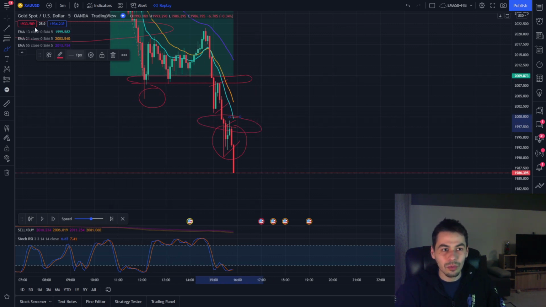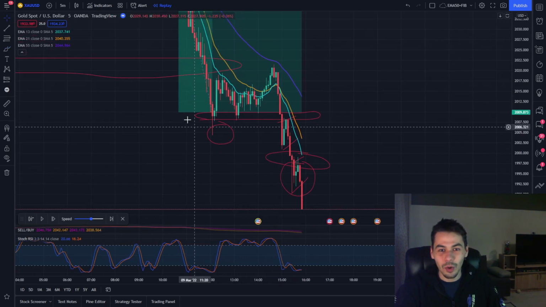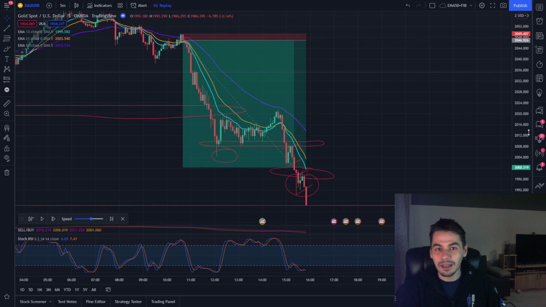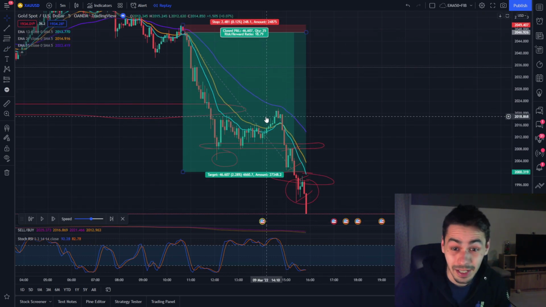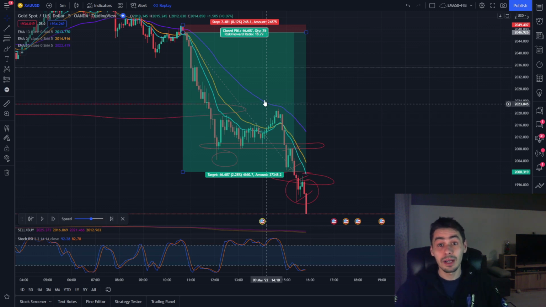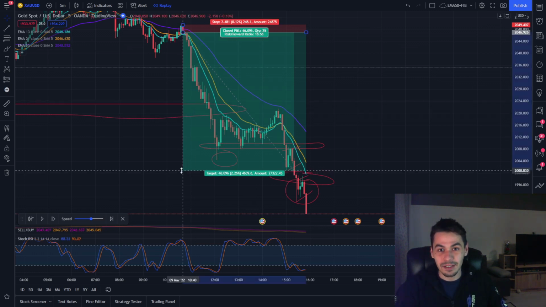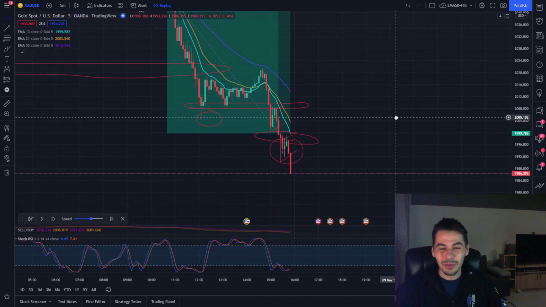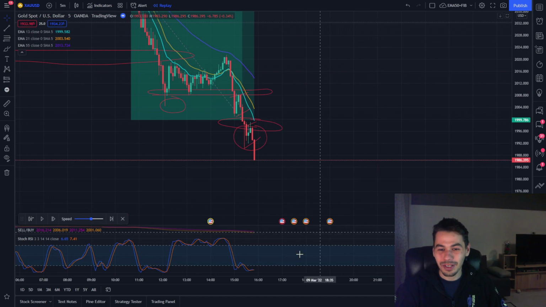This level held, so we will drag our position all the way down to this level, which makes it a whopping... I know this is an ideal scenario, guys, but I wanted you to see what can happen if you have patience and don't flinch and close your positions at 2 to 1, 4 to 1, 5 to 1 just because the green candle shows up, and just be composed and look at what the market has to offer you. So we are now, I know this is ludicrous, but we are now at 19 to 1 and the trend is still going, guys.